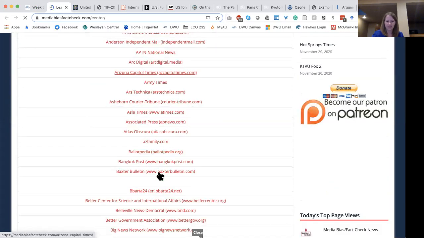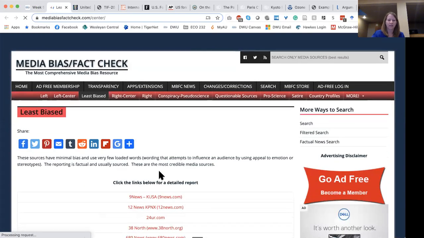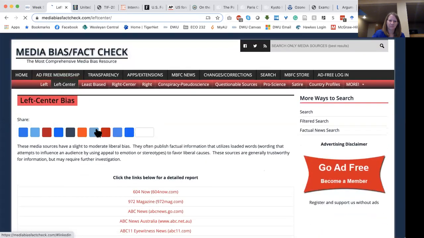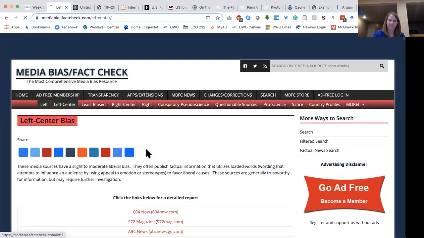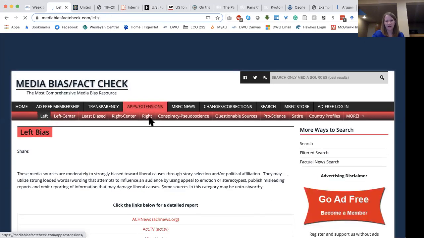I have it set to send you to the least biased. Doesn't mean they're not biased, but they're the least biased. And then they list some left center and some far left. And then you can do the same with right center and right.